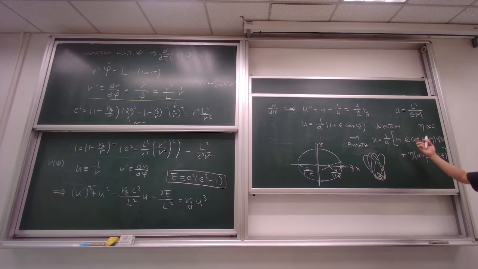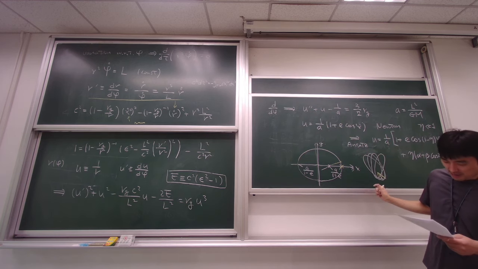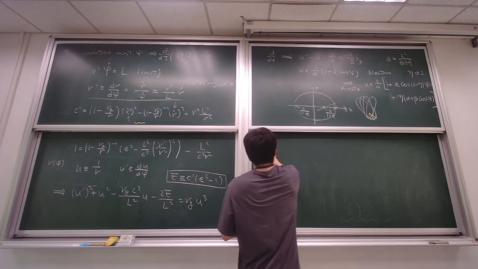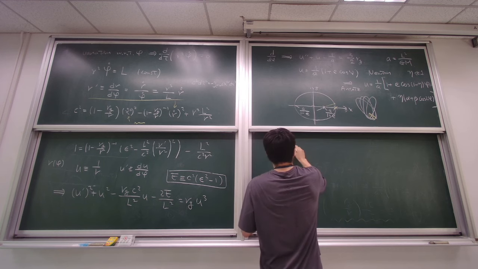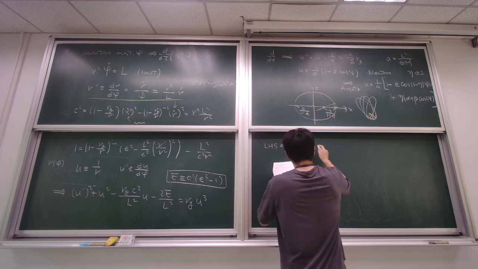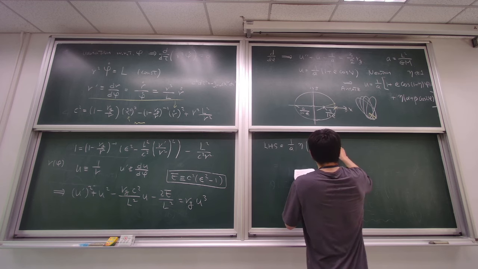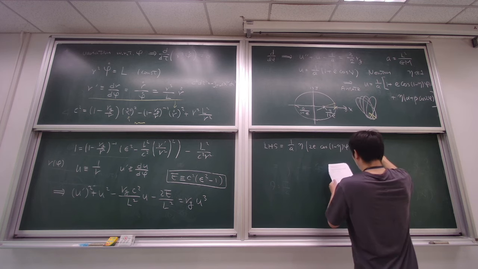So just put this one into here. It's a bit ad hoc. Then the left hand side becomes like this: 1 over A, eta, and then 2E cos((1 - eta) phi) plus alpha plus 3 beta.